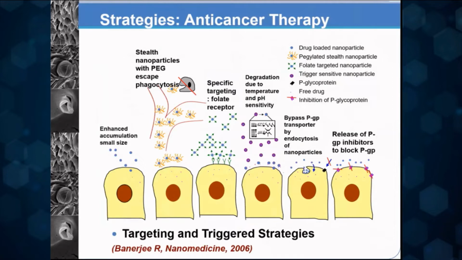What is the difference between these two? Targeting means that you are utilizing certain properties to get a preferential localization to the disease site. If it is by physicochemical properties, it is referred to as passive targeting. If it is with the help of biological moieties, then it is referred to as active targeting.